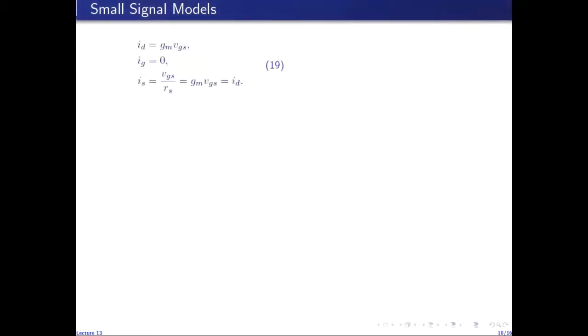So using these relations, that is, using this relation which gives us the small signal drain current of the NMOS device, using the information that the small signal gate current is 0, and using the information that the small signal source current is equal to VGS by RS.